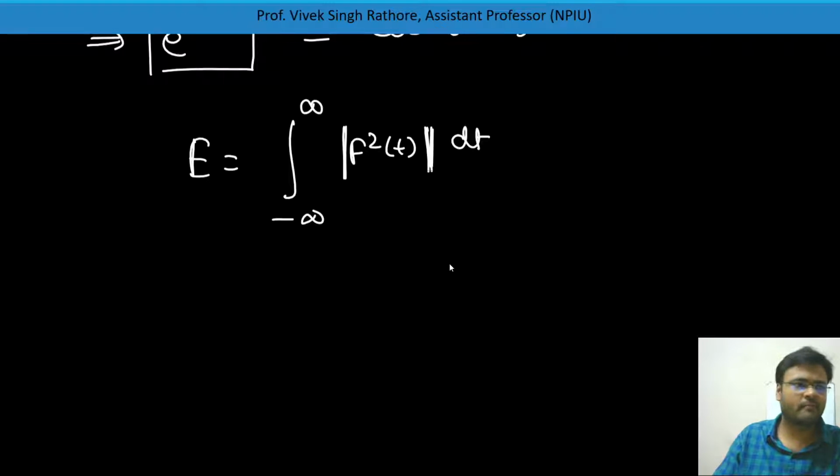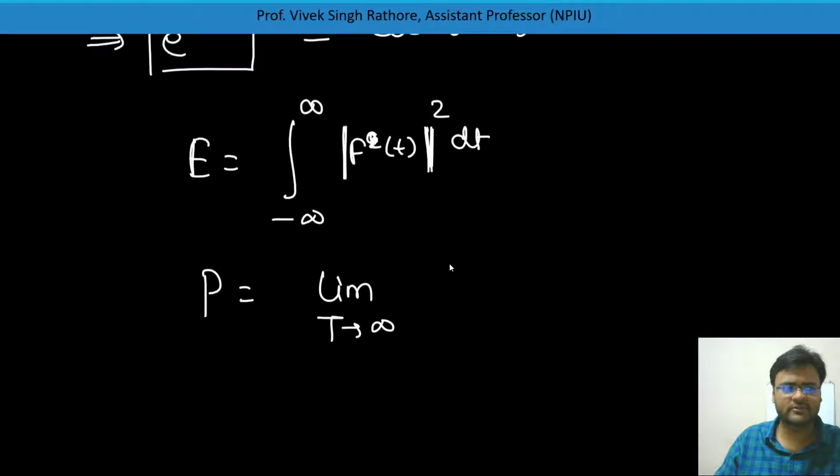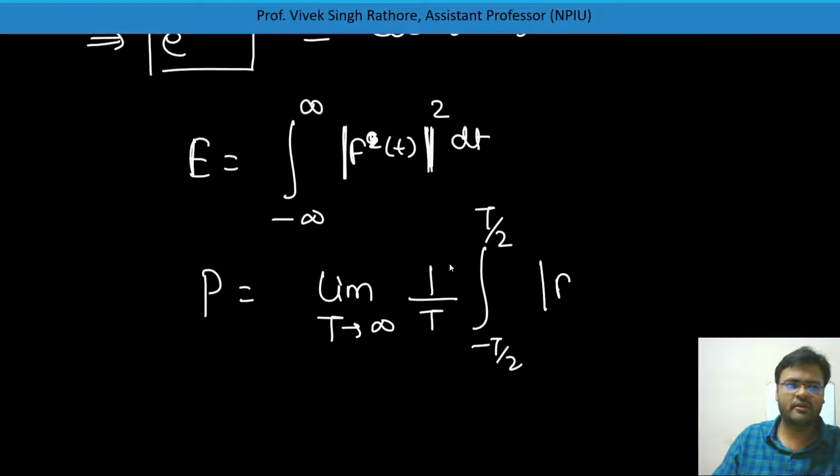Energy will be equal to the integral from minus infinity to infinity. Earlier we used to do f square t dt, right? But for a complex valued signal we'll do it like this: f of t is given, we need to calculate its mod, and then we need to square it. This is the energy of the signal. And for power also we need to take the limit t tending to infinity, 1 by time period will always be there, integral from minus t by 2 to t by 2, and then mod f(t) squared.